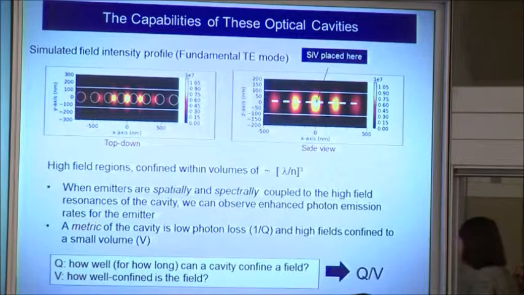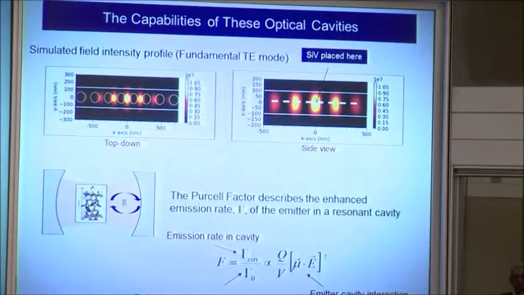So again, Q over V actually turns out to be the important metric. High Q, that means low loss, confined to a small volume. And this looks like a lot of terms, but we're going to see this again. So let me just briefly go over it.